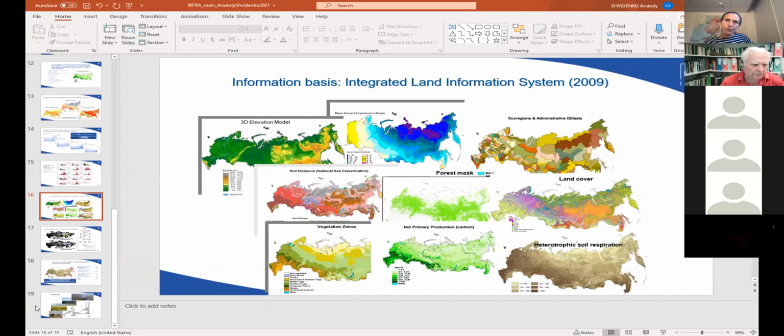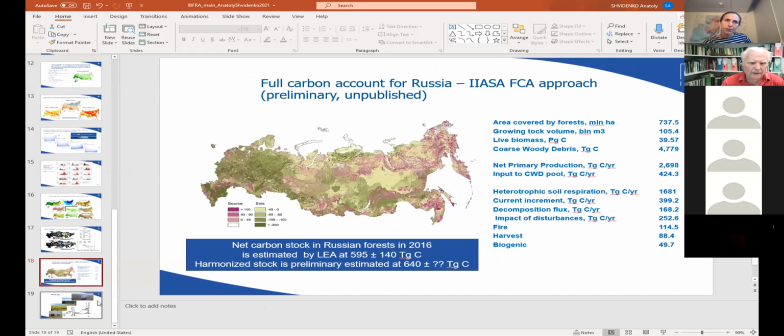And, excuse me, finally, you see that this picture is preliminary, but we have a very high sink, but roughly 30-40% of the territory is a rather high source, and that is after fires, and that is on permafrost.